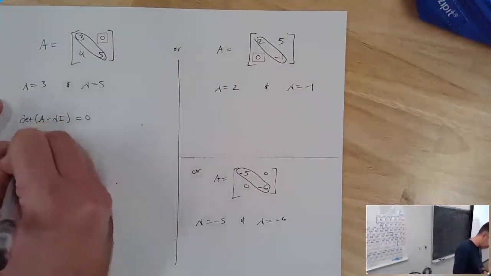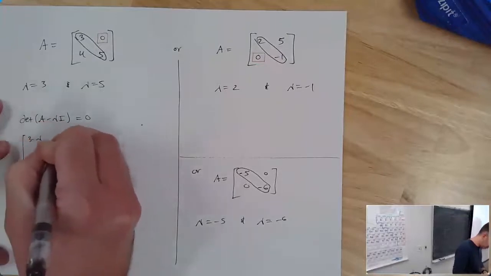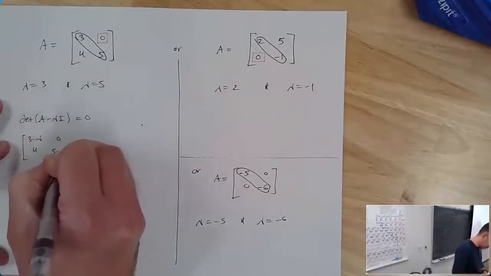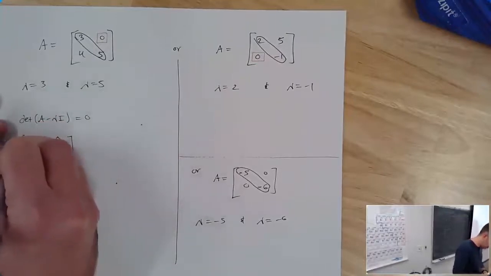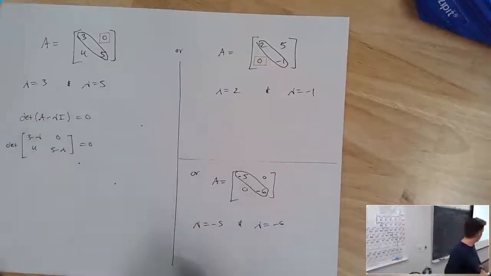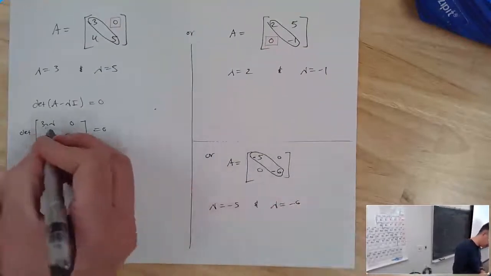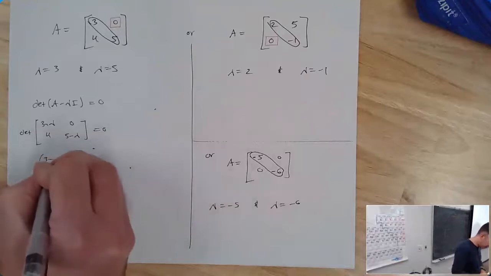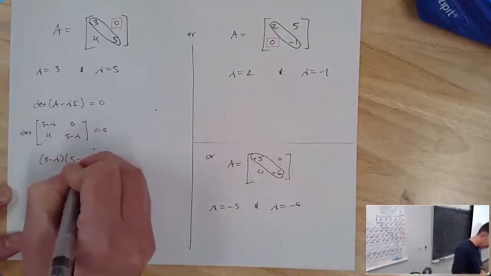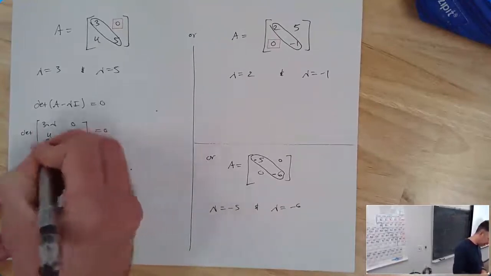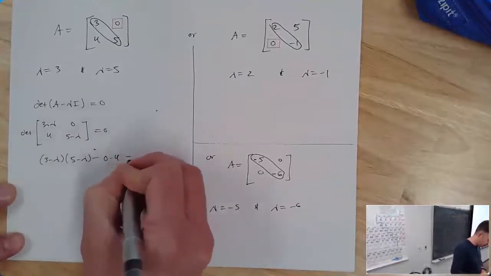I'm going to do the determinant of 3 minus lambda, 0, 4, 5 minus lambda. I want you all just to watch this for 1 second. If I take this determinant, look what happens. I've got that times that. So 3 minus lambda times 5 minus lambda minus that times that. 0 times 4 equal to 0.